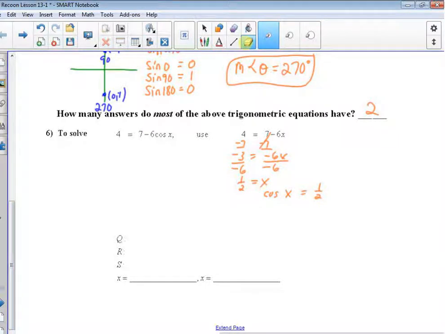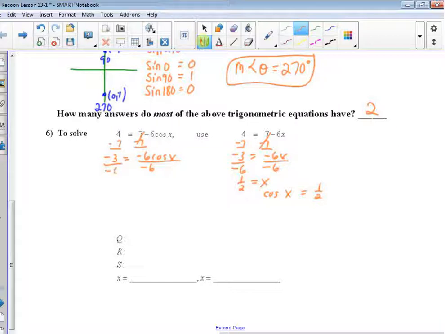If you're going to do it keeping the cosine, it's the same exact procedure. So you'd get -3 equals -6 cosine x, and you divide by -6. So you get cosine x equals 1/2.